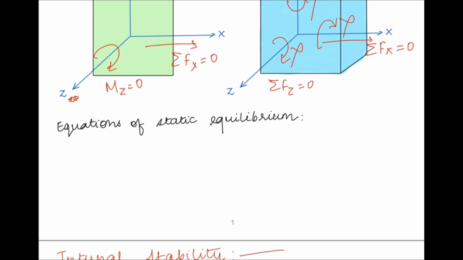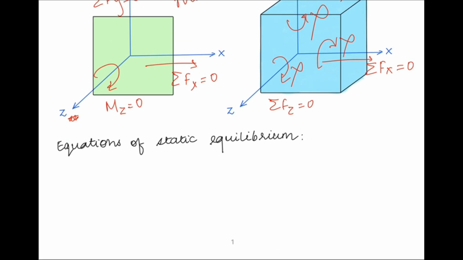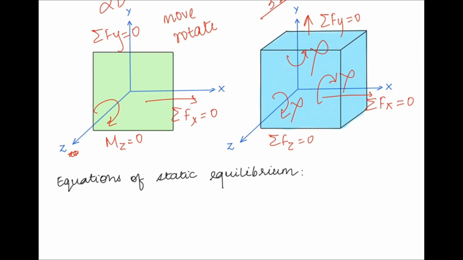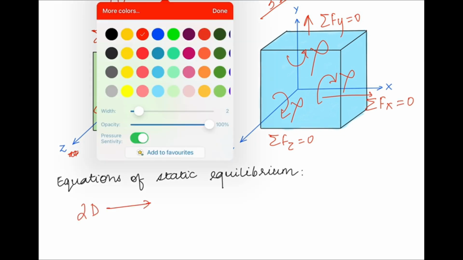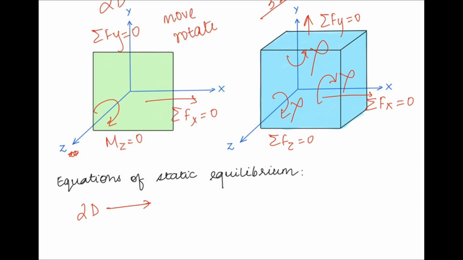So this is why, if you go to count the equations of static equilibrium, these are called the equations of static equilibrium. So in case of 2D, you have this 1, 2 and 3.